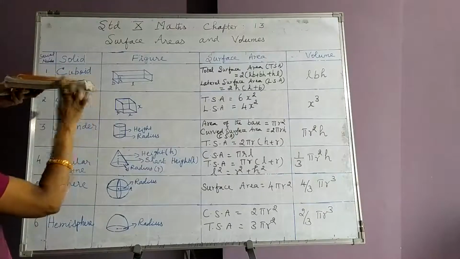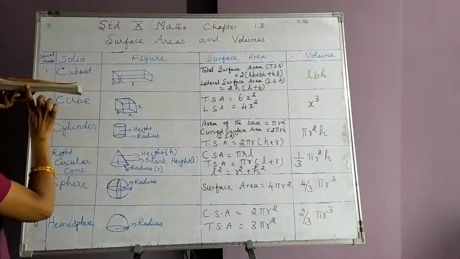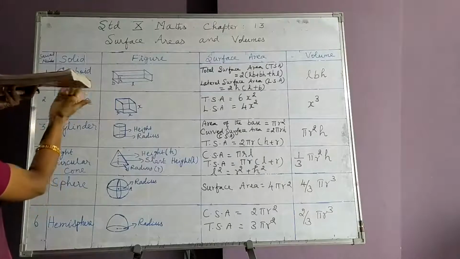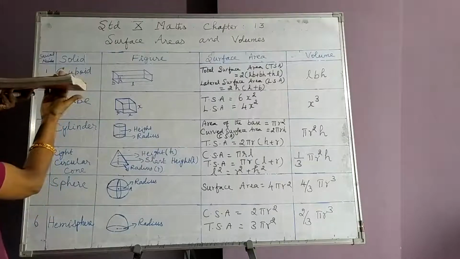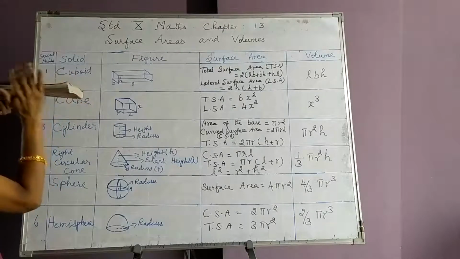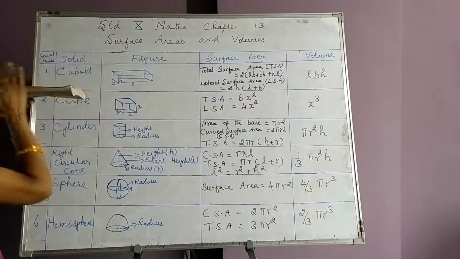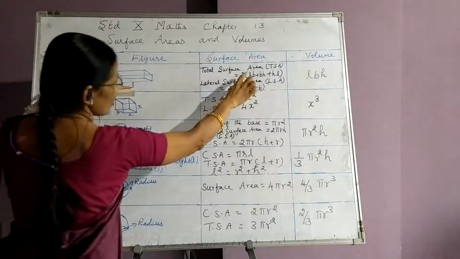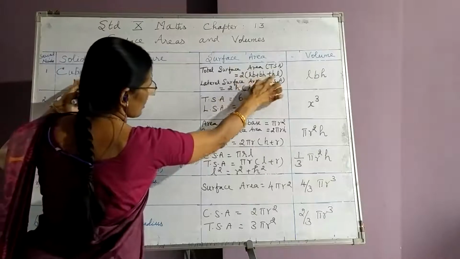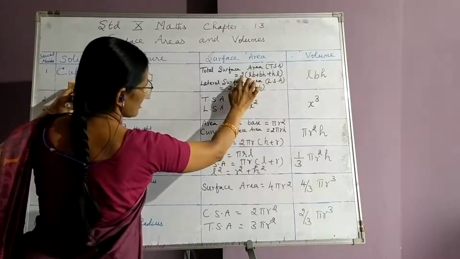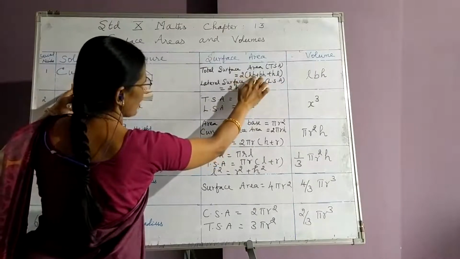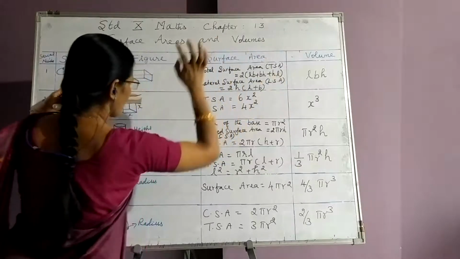It is in the form of a rectangle. Therefore, it is L into H. Here one L into H, here one more, therefore it becomes 2LH. Therefore, total surface area, the entire surface area of this cuboid is 2LB plus 2BH plus 2HL. 2 is common, it is taken out. So, we get 2 into (LB plus BH plus HL).